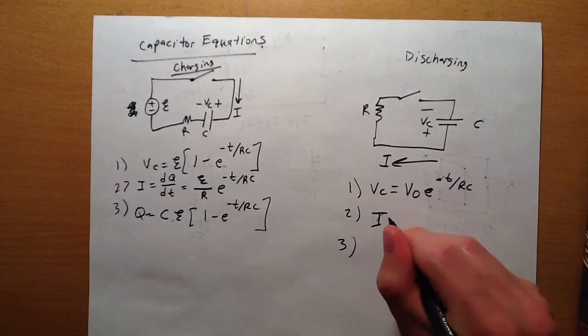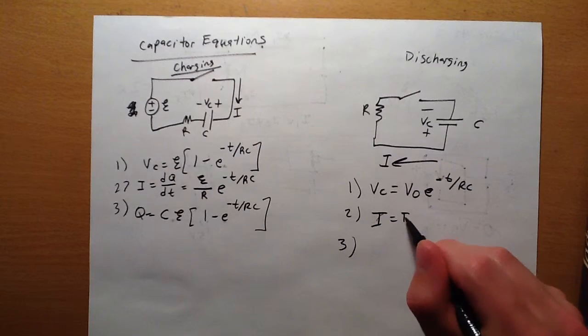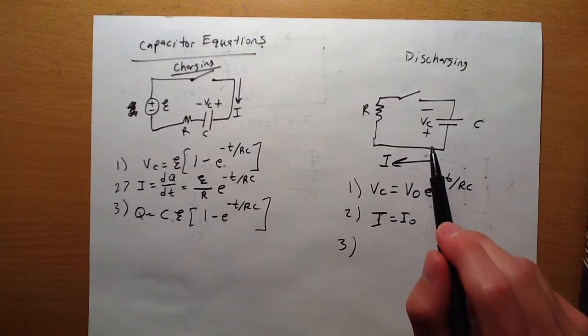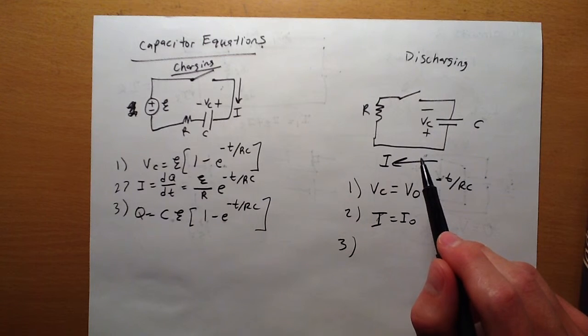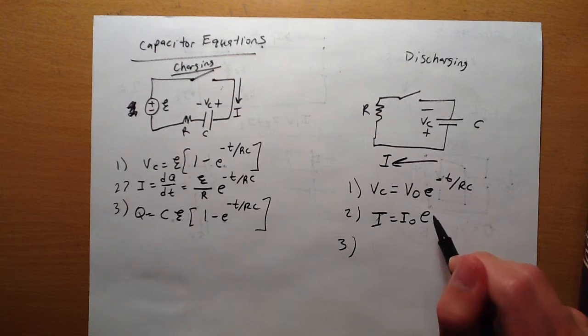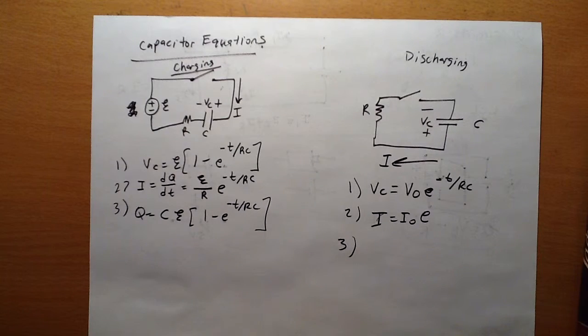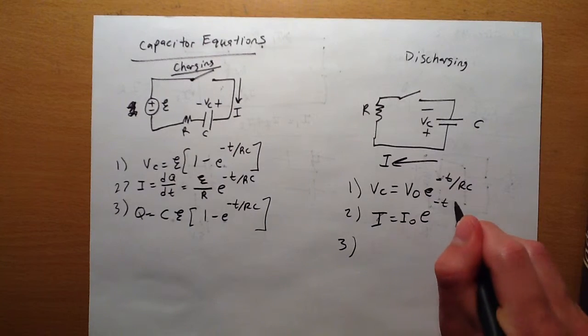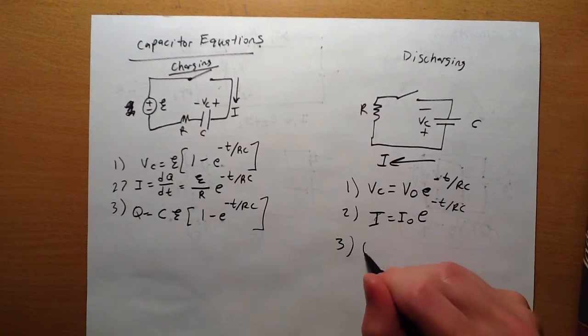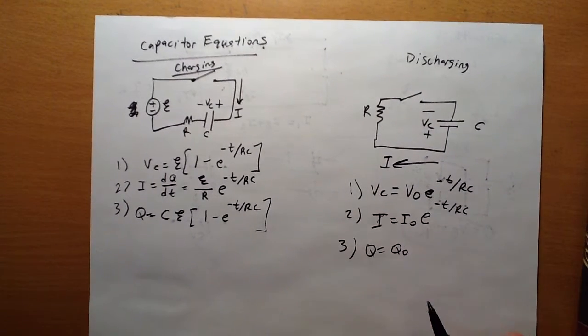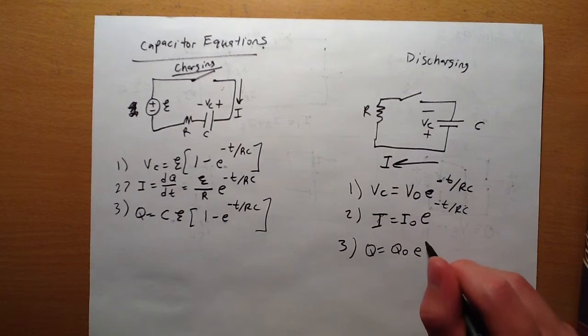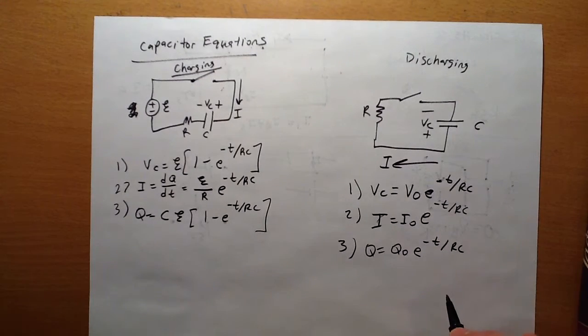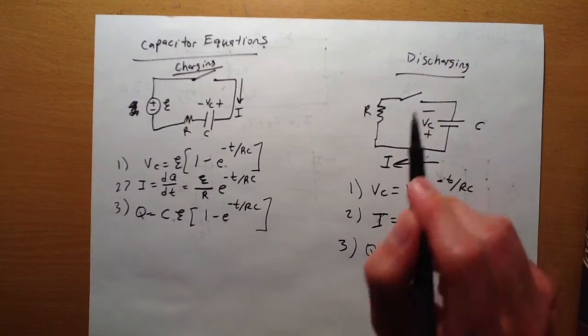The second equation is current equals I naught, which is the initial current when the capacitor begins to discharge, times e, the natural constant in your calculator, to the negative t over RC. And the final equation is charge equals initial charge, the charge when the capacitor starts to discharge, times e to the negative t over RC. And this is for discharging.